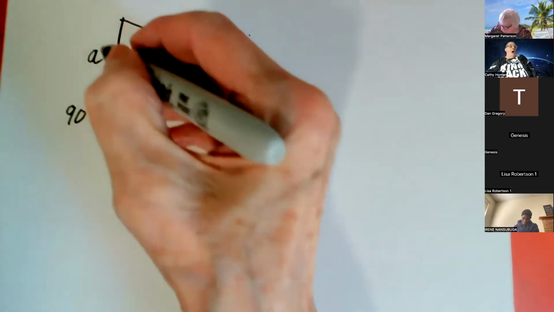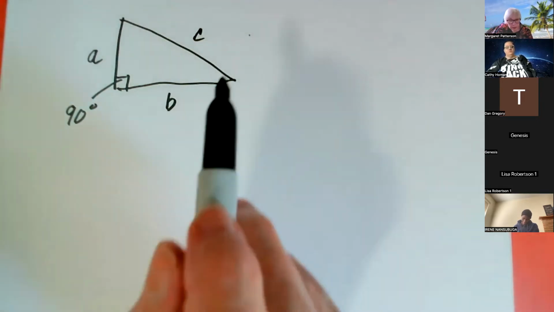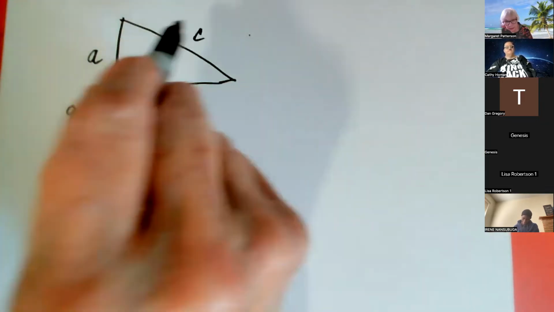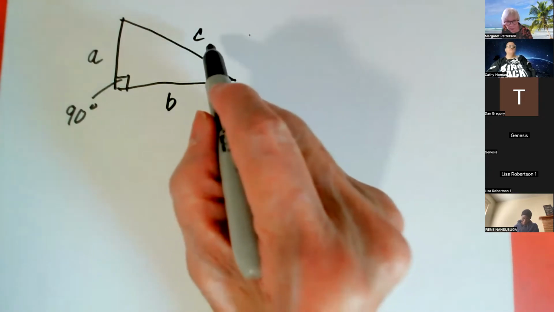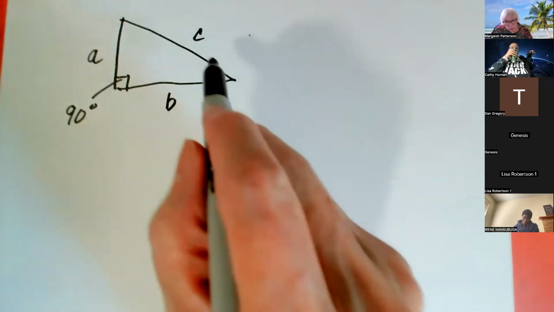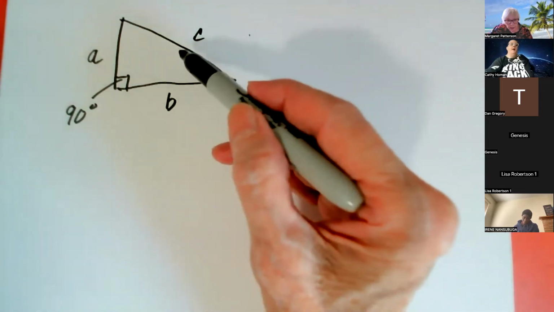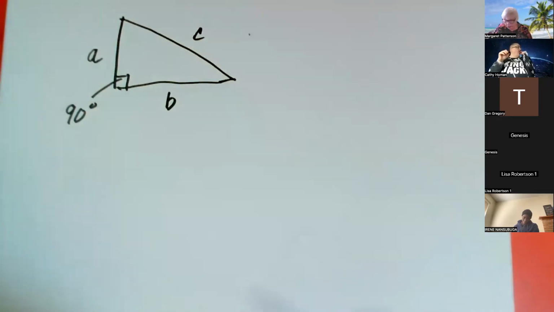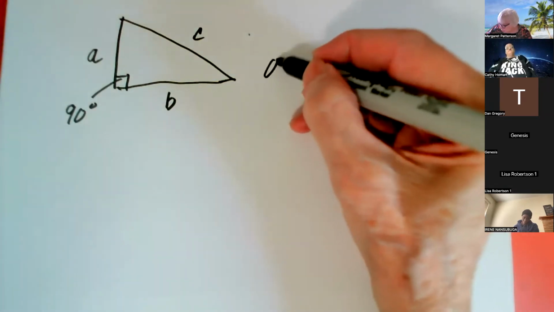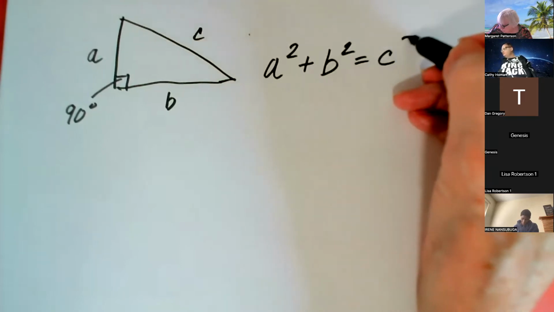They typically use these three letters. You can place the letters in different places, but the letter C, for the longest side, is the one that's opposite the 90-degree angle. So the formula goes a squared plus b squared equals c squared.